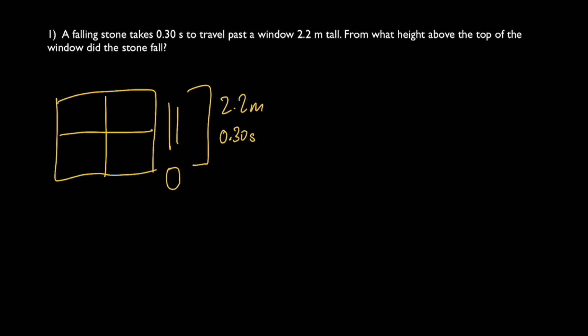And we can call this distance here d. And we know that there's a point H above the window at which the stone initially was dropped.